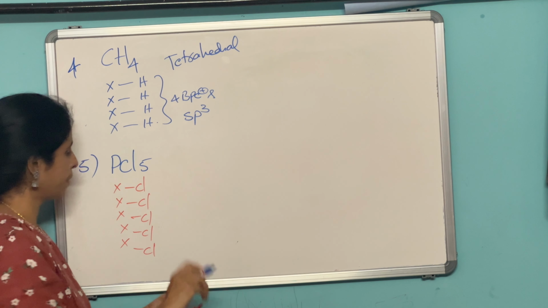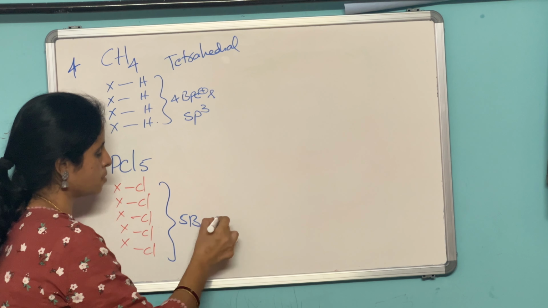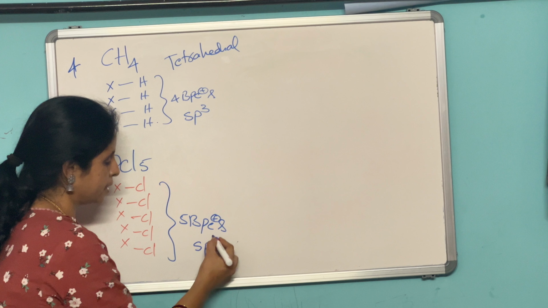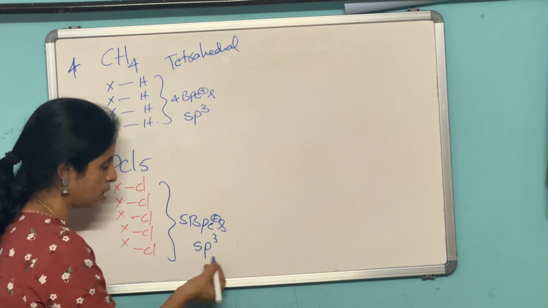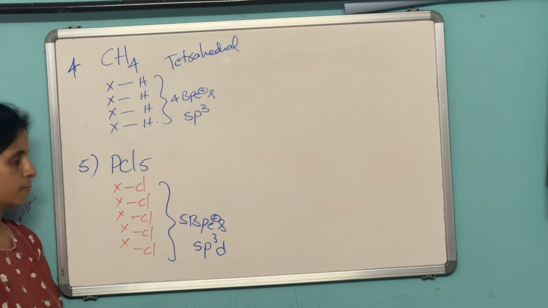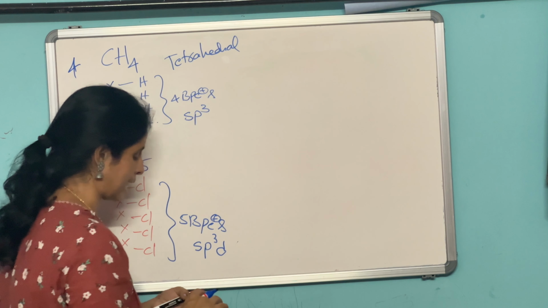So how many bond pairs? 5 bond pairs. 5 bond pair of electrons means what is the type of hybridization? It is sp3d. Clear? sp3d. 5 means, I told you already in the last video.